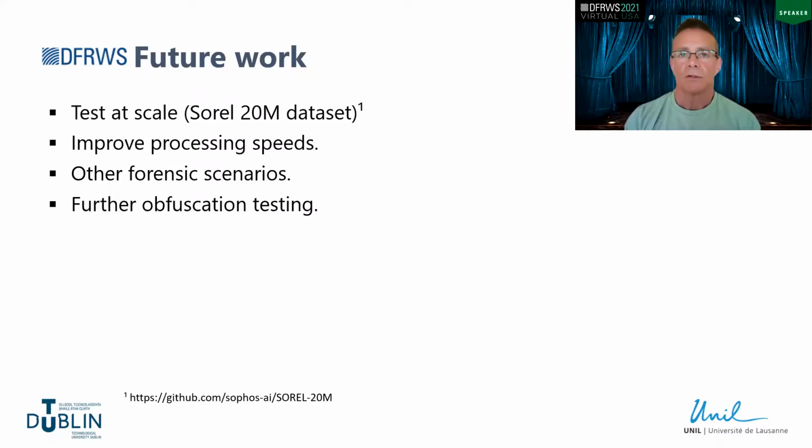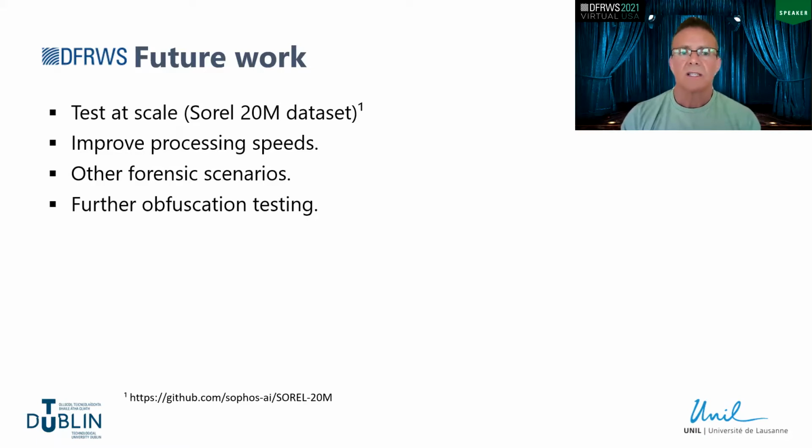So hopefully over the summer I'll get to download the whole data set and work on that. We'd like to improve the processing speeds, obviously, because if we're looking at large scale processing, we need something faster. So we could use maybe a different language, or use maybe C bindings in Python to do that.